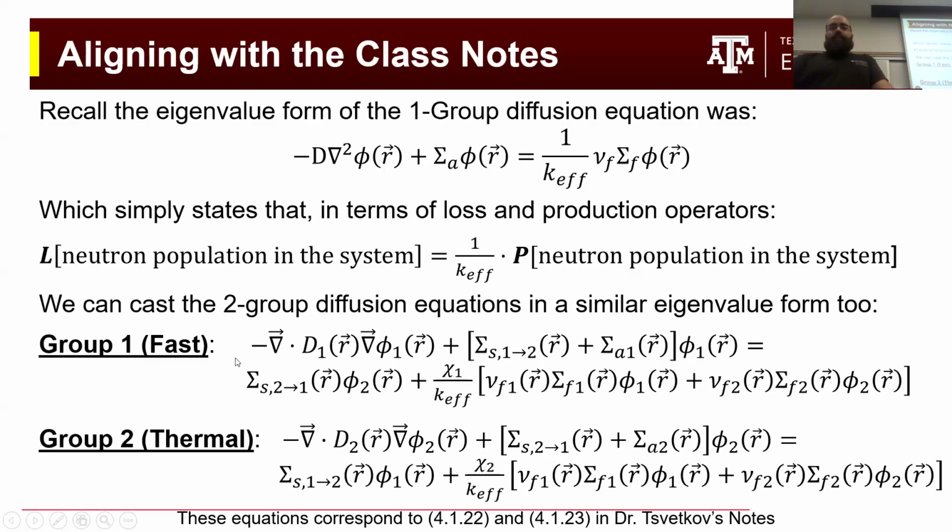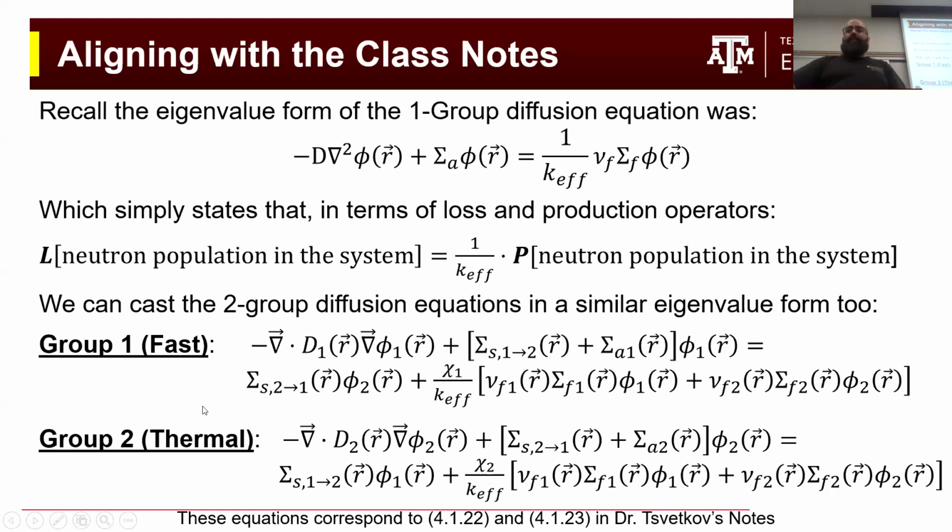And these terms, the sigma s from 2 to 1 and the sigma s from 1 to 2, are left out of this production operator on purpose because technically the scattering reactions aren't really producing or losing neutrons. If I look at the system as a whole, all they're really doing is taking neutrons from one group into another.